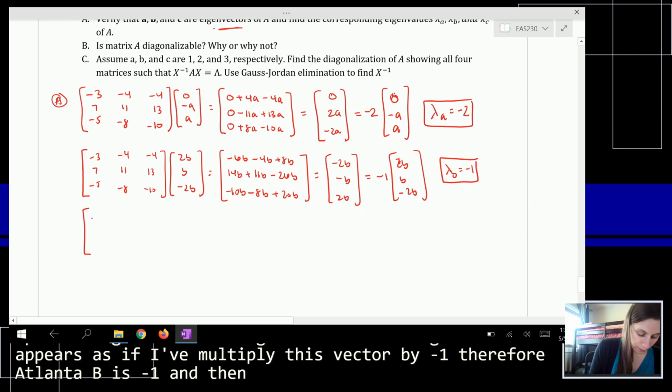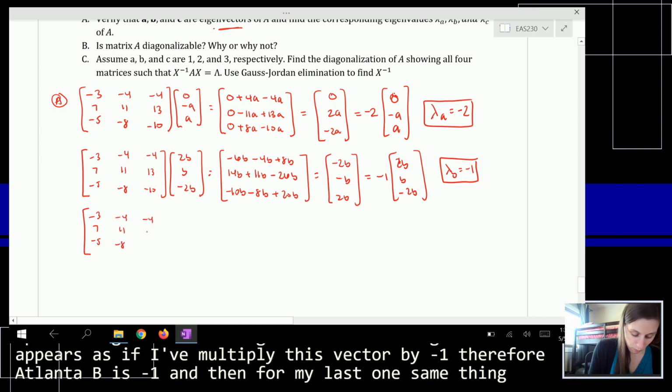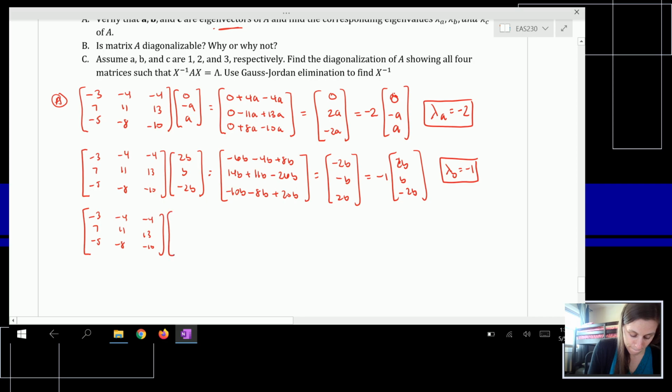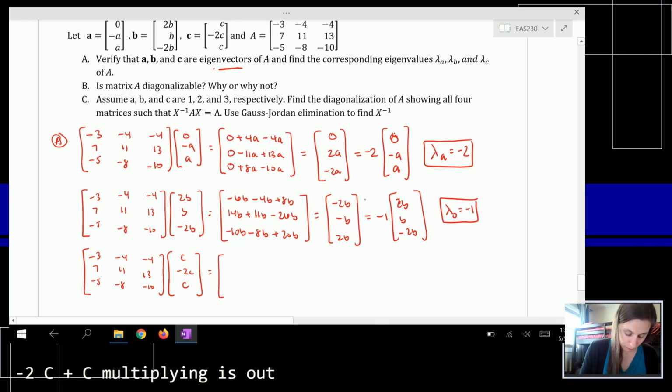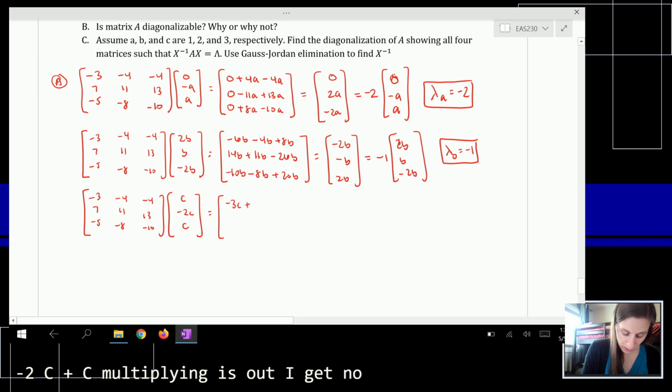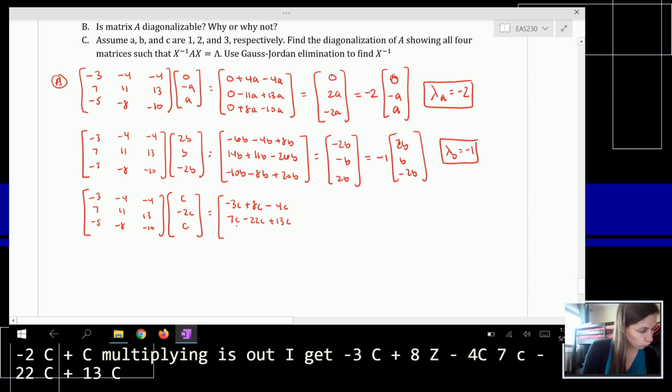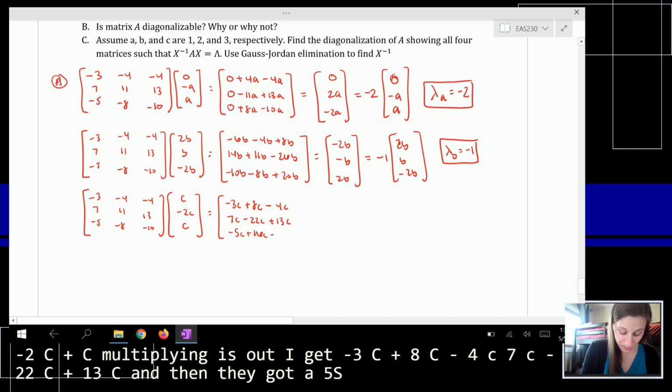And then for my last one, same thing. My vector is c, negative 2c, and c. Multiplying this out, I get negative 3c plus 8c minus 4c, 7c minus 22c plus 13c, and then negative 5c plus 16c minus 10c.